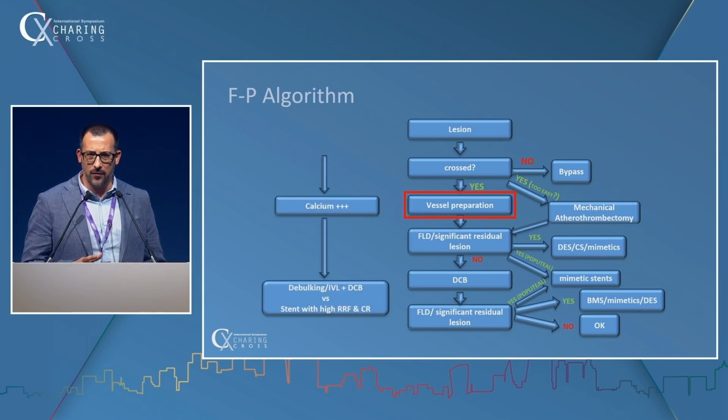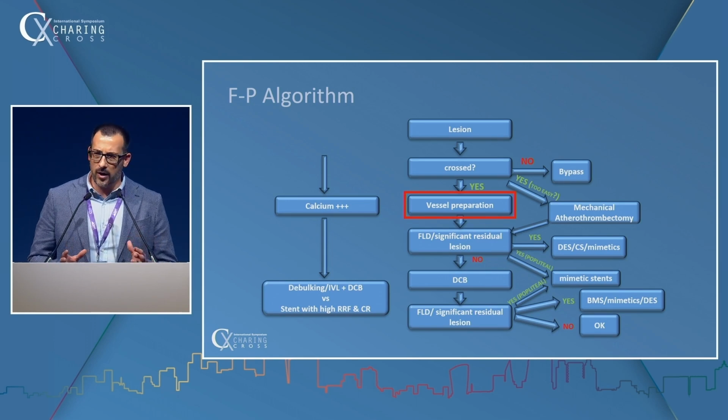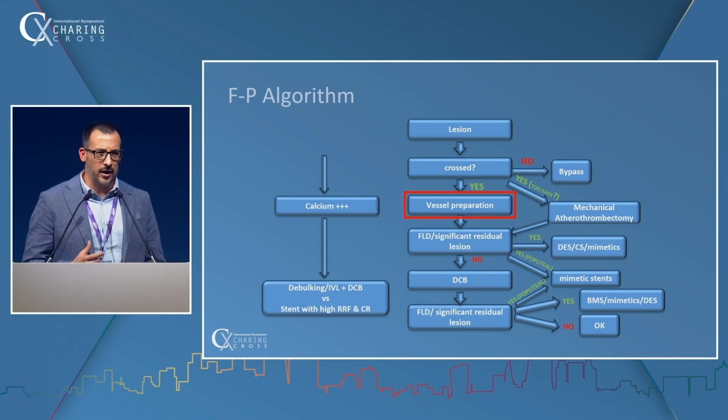Talking about calcified lesions, which is the topic today, the only way, in my opinion, to use DCB with good results is preparing the vessel using debulking devices or IVL.